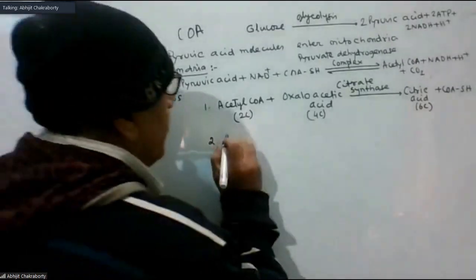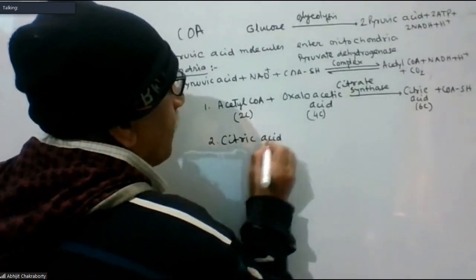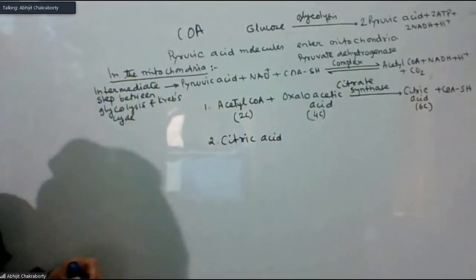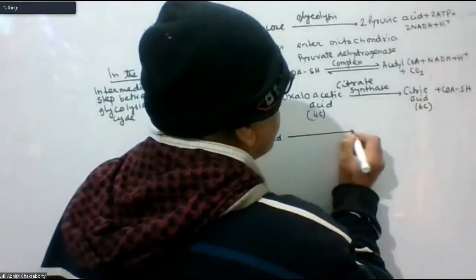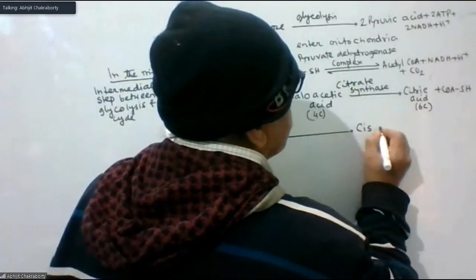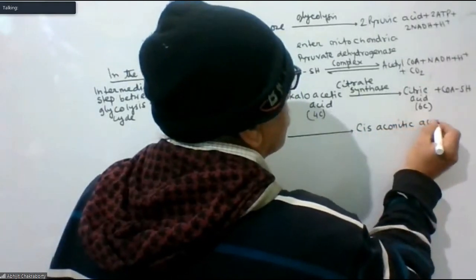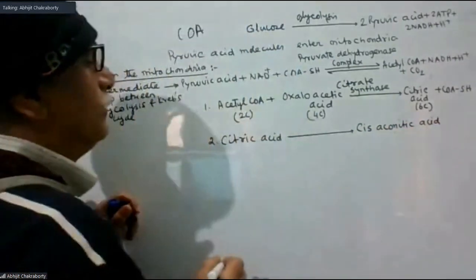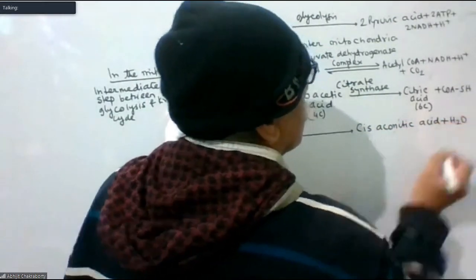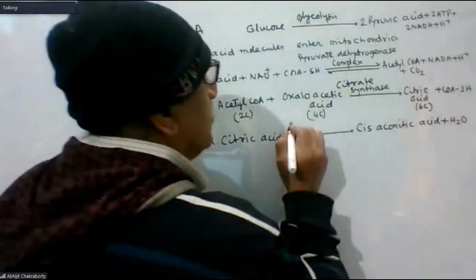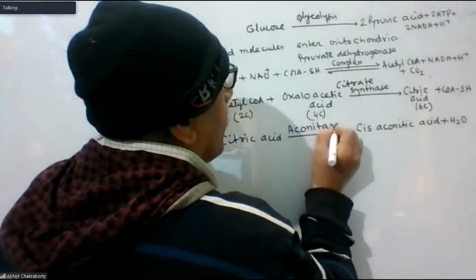How? You see. At first, from citric acid, a molecule of water is released, forming cis-aconitic acid. Water. Aconitase.